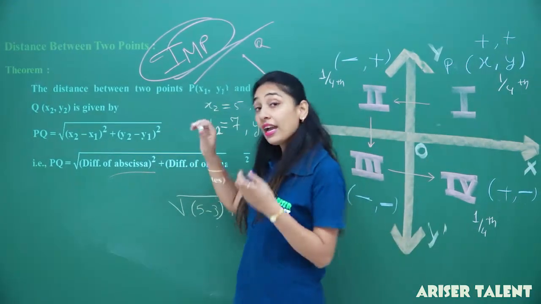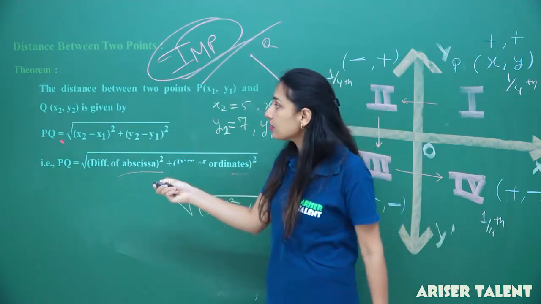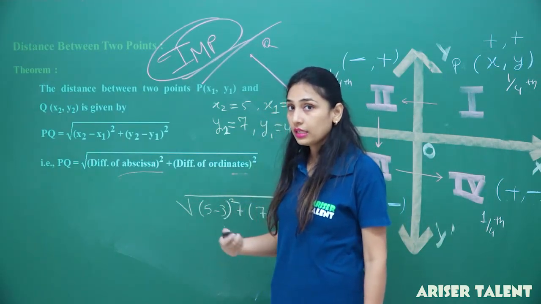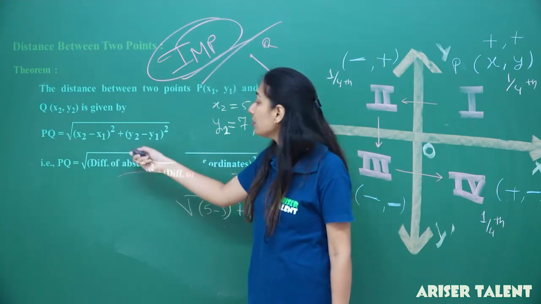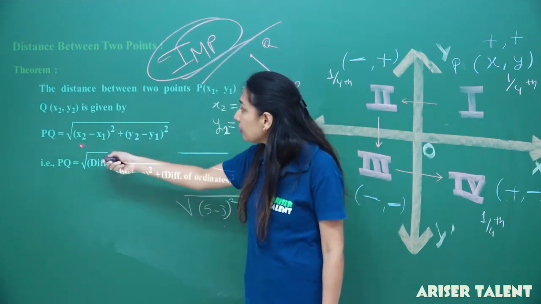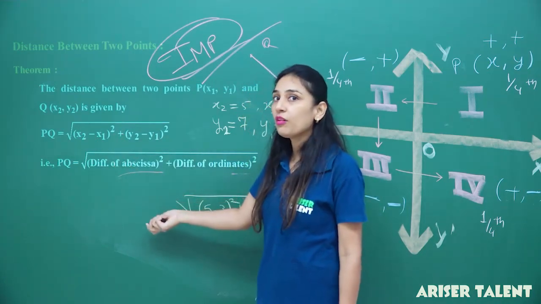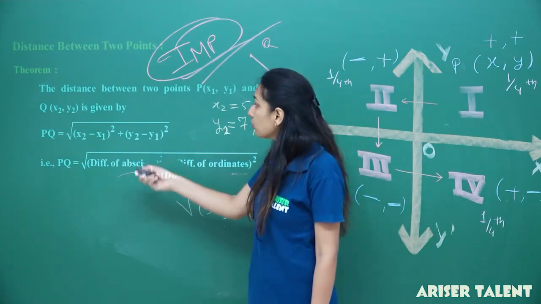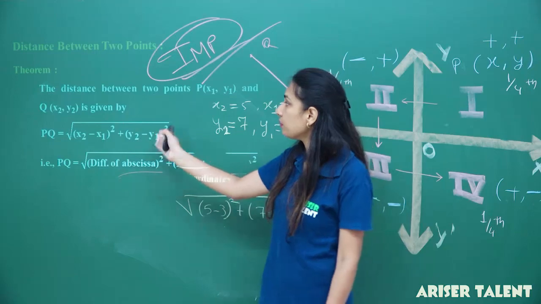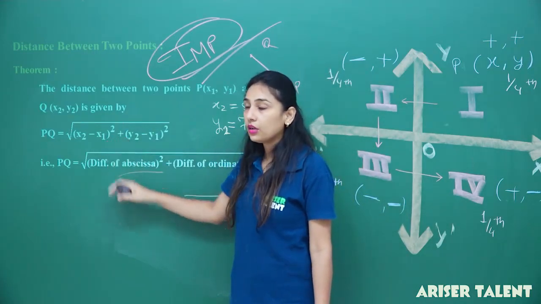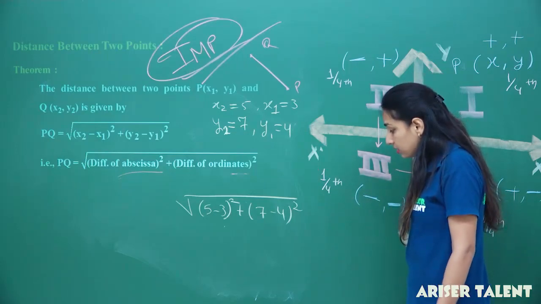Think about it, a distance cannot be negative. This term will be positive and this term will be positive, because of the square, and a positive plus a positive will always make a positive. So, this is the distance between 2 points.